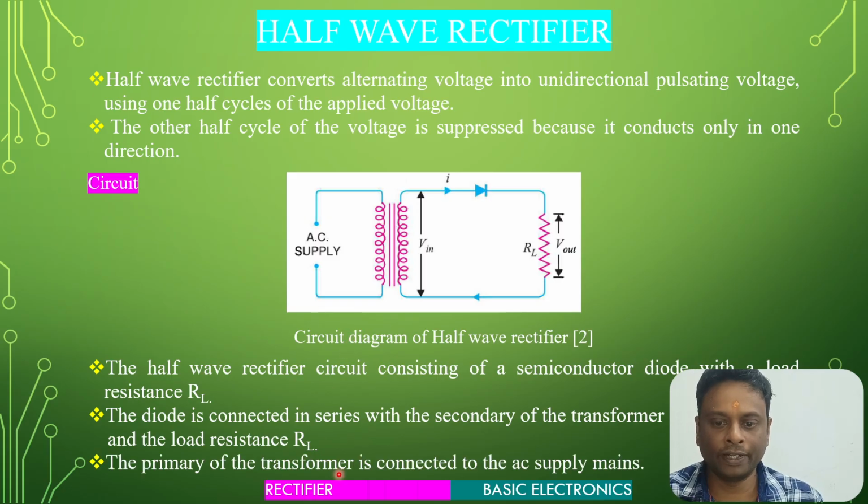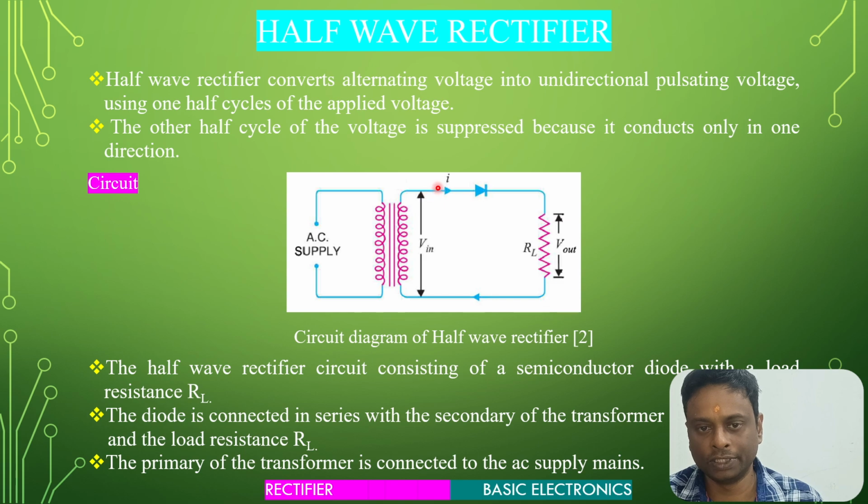Next, the primary of the transformer is connected to the AC supply mains. This is a step down transformer, so we get only 12 volt or 9 volt as input to the diode.